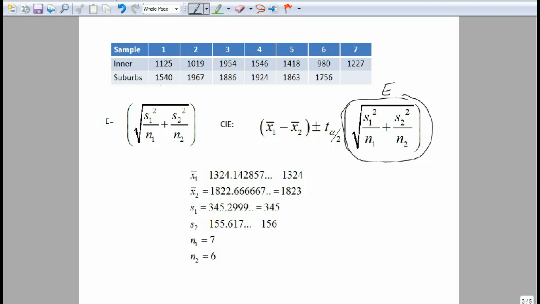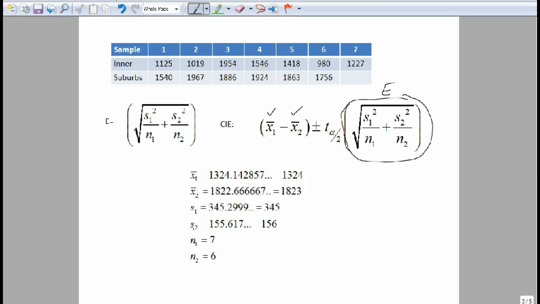For sample 2, we add up the suburban values and divide by 6, because there's only 6, and we get 1823. So now we have our x1 and we have our x2. I also went ahead and calculated our standard deviation, and that is 345.29 and so forth. Again, I've rounded to a whole number to make it easier, and we get 345.